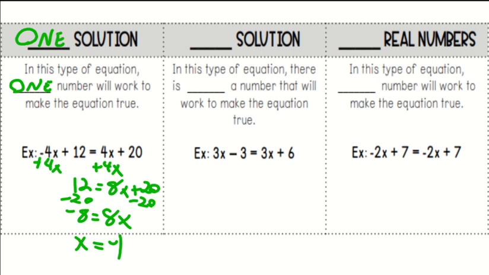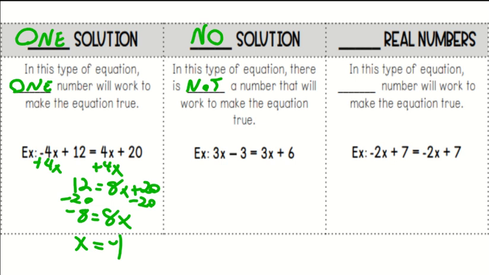In the middle here, we have what's called no solution. This type of equation, there is not a number that will work to make the equation true. It's like the one we just did.